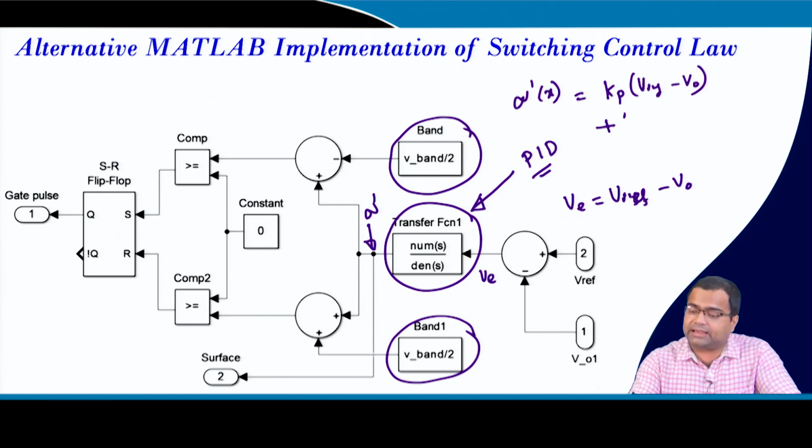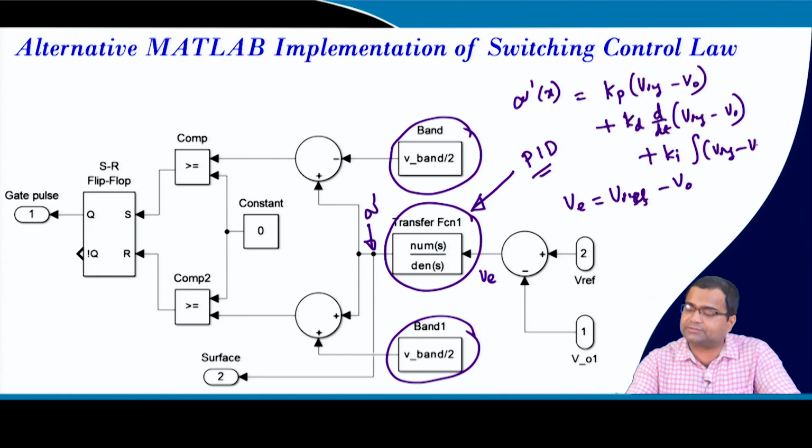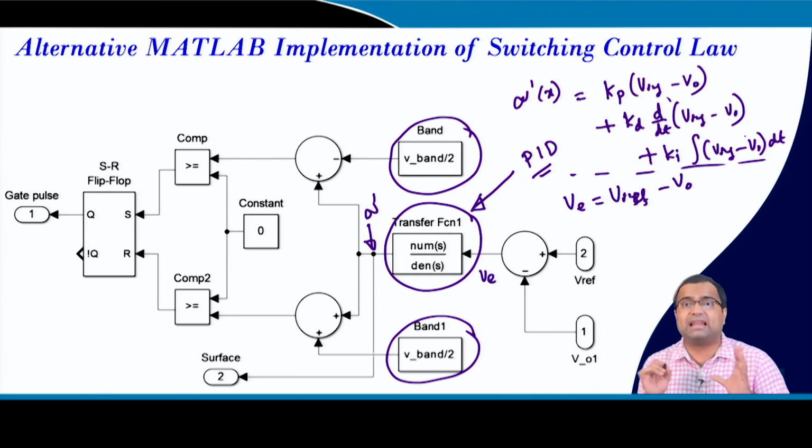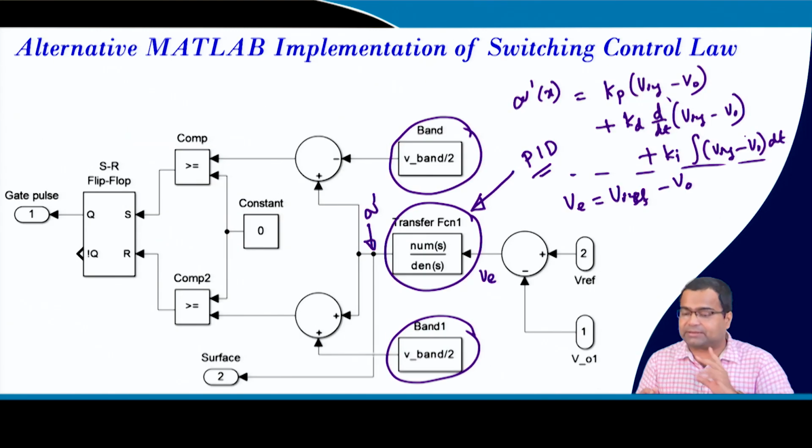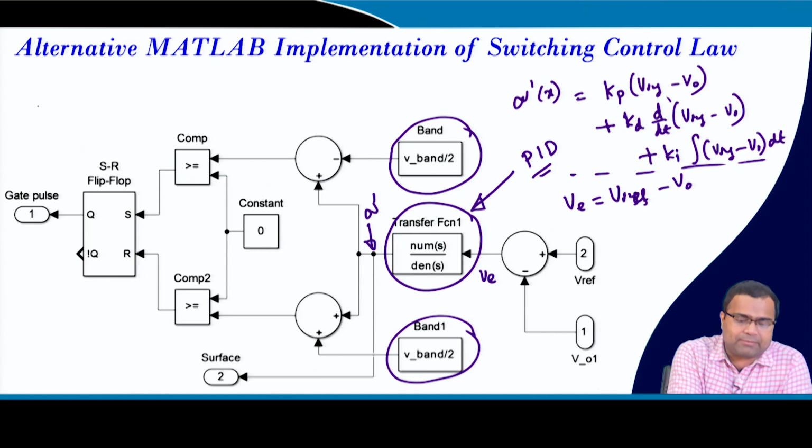Another state I am taking Kd into d/dt of Vref minus V0, plus Ki into integral of Vref minus V0 dt. But we should remember, I am not using a direct derivative, I am using a band limited derivative, and we have already explained the PID controller.